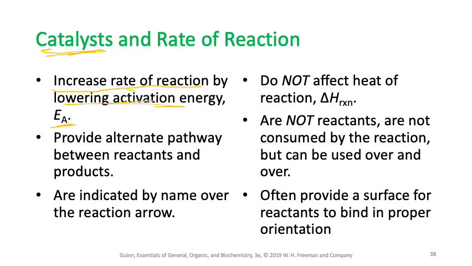By lowering the activation energy. This is the important function of a catalyst, right? And it also provides an alternate pathway between reactant and product. Reactant and product without a catalyst go through one pathway, but if we put a catalyst in there, they use a different pathway to reach the product faster, or convert from reactant to product faster.